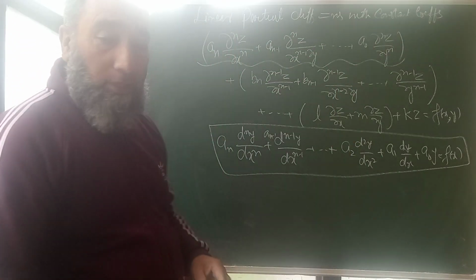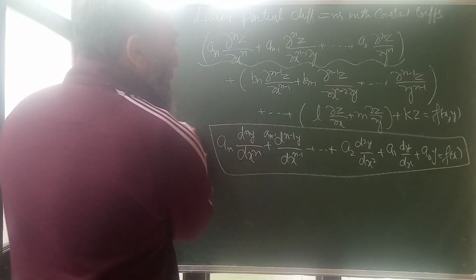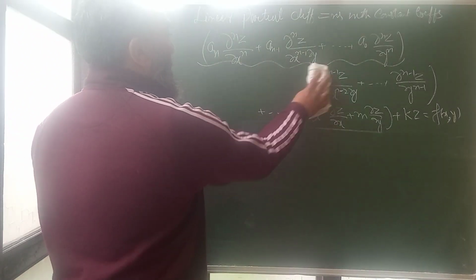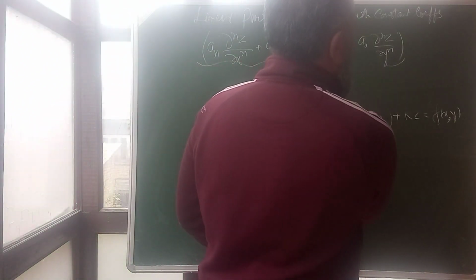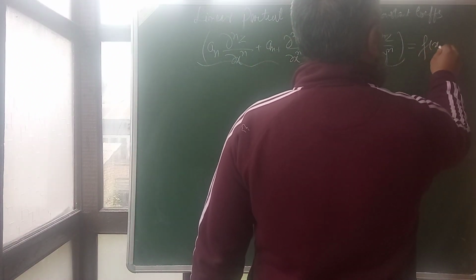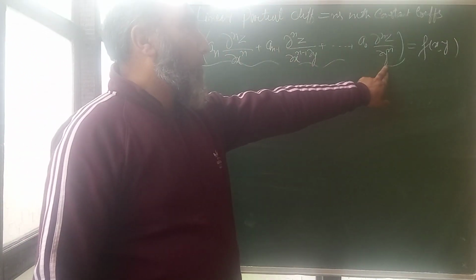Now this is known as a homogeneous linear partial differential equation of order n if we have only these terms. All the terms contained in the equation are of the same order. All the differential coefficients in it are of order n.